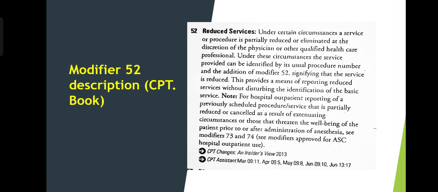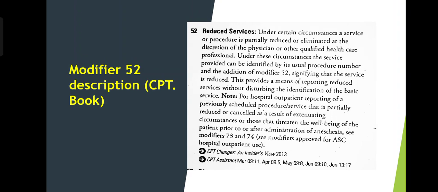So modifier 52, this is the description in the CPT book for modifier 52. Reduced services: under certain circumstances, a service or procedure is partially reduced or eliminated at the discretion of the physician or other qualified healthcare professional.